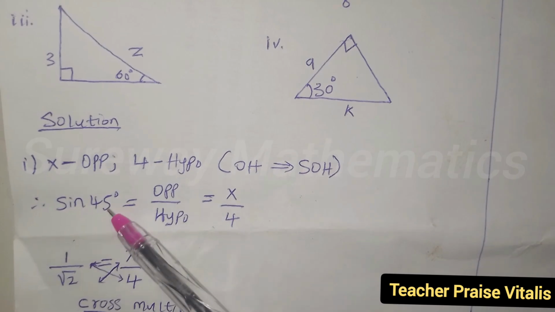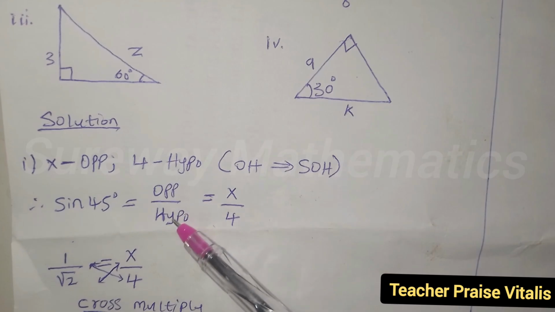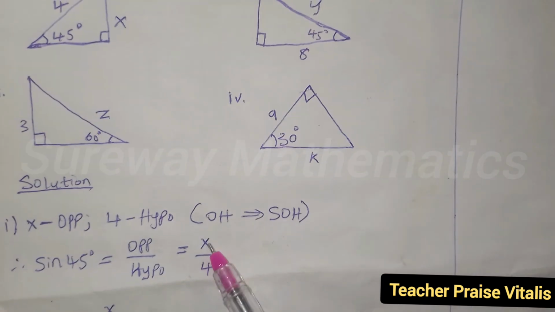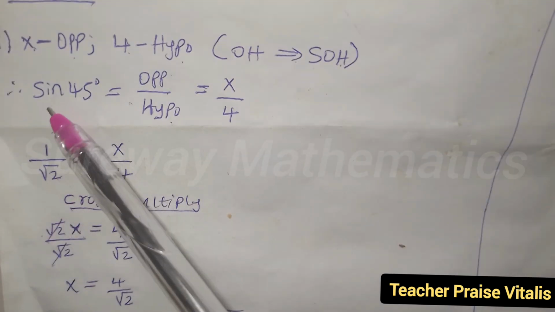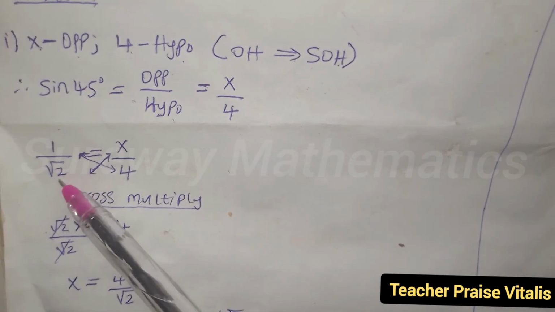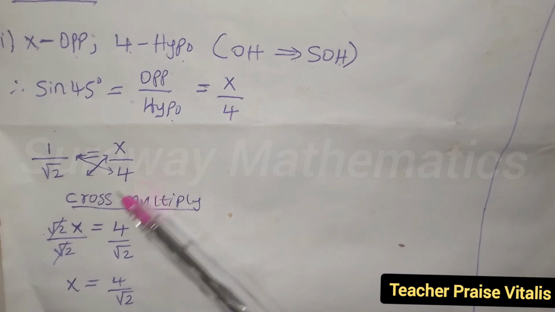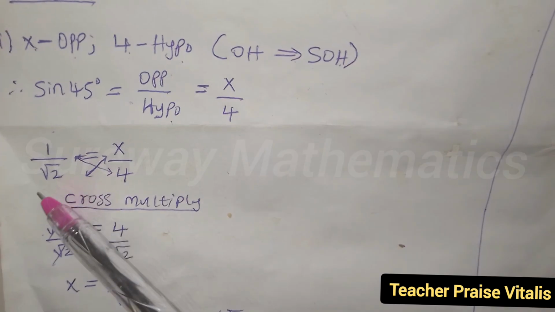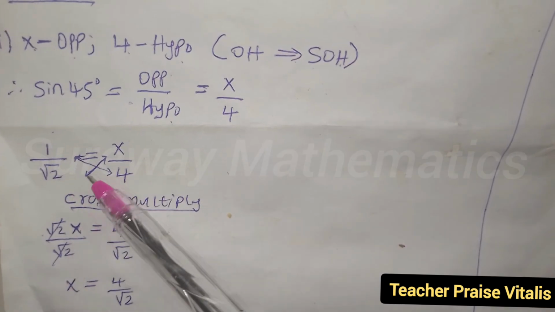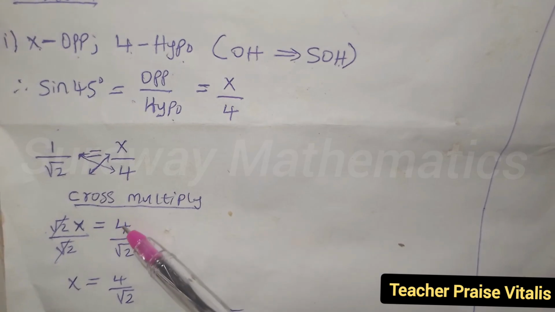Therefore, sine 45, which is the angle, equals opposite over hypotenuse, which is x, the unknown, over 4. We know the value of sine 45 as 1 over root 2 equals x over 4. Now let's cross multiply. X will multiply root 2 and 1 multiply 4, so that we will have root 2 x equals 4.